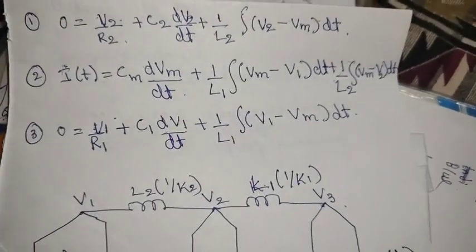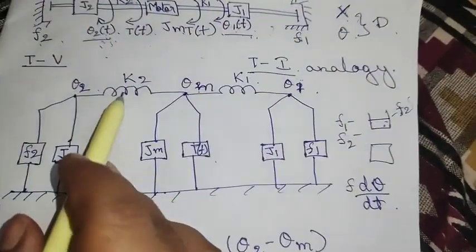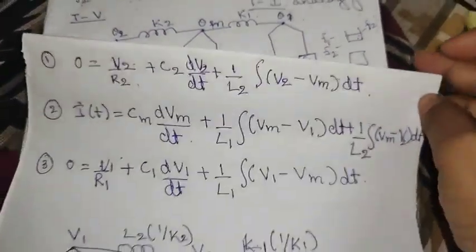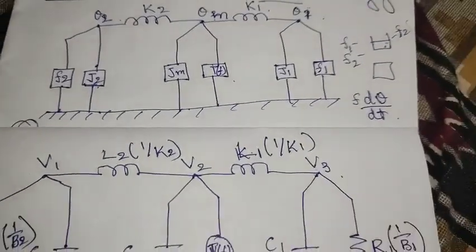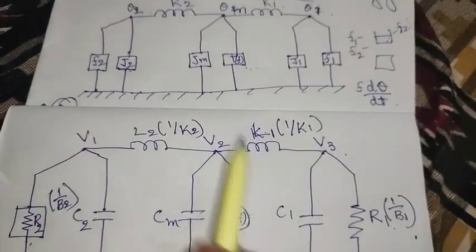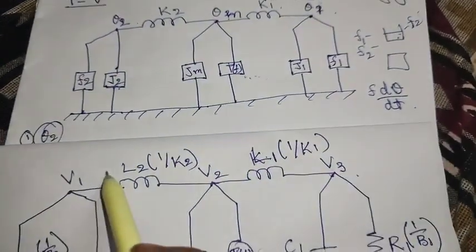So how we draw the circuit: it is similar to the equivalent circuit if you observe. Instead of K2 and K1 we have written the same, because current means the same equivalent circuit that you draw, it will be similar. So here instead of theta we have replaced with a voltage, and K is replaced by inductance.